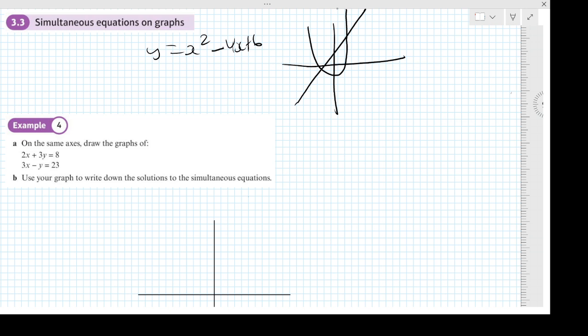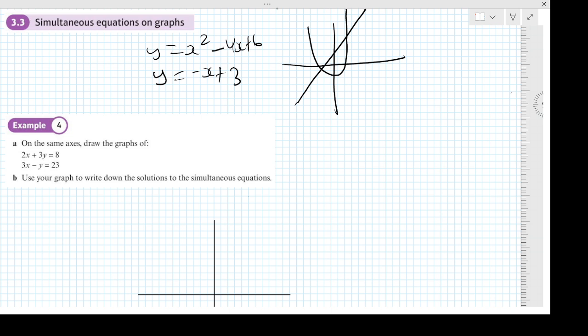That's just a rough quadratic, it probably won't be the same as sketched. Then the line, say for example, is y equals minus x plus 3. So these equations represent the quadratic and the line graph.